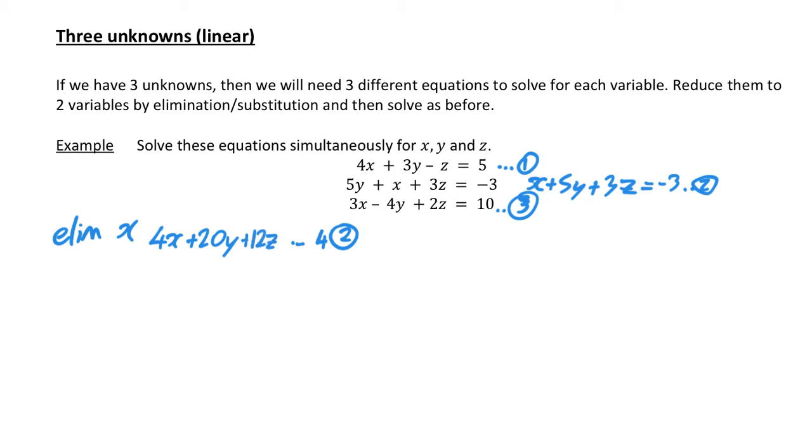And this is a bit that people forget: you also have to multiply the right-hand side as well. The right-hand side was minus 3, so that becomes minus 12. That was 4 times my equation 2. We will then write our equation 1 underneath it, which was 4x plus 3y minus z is equal to 5.